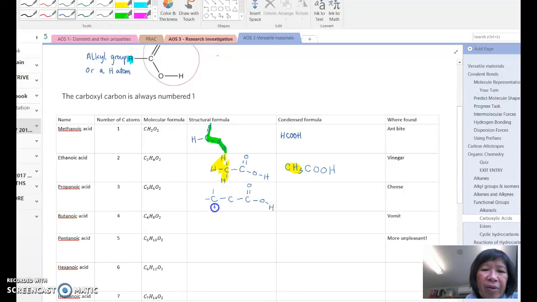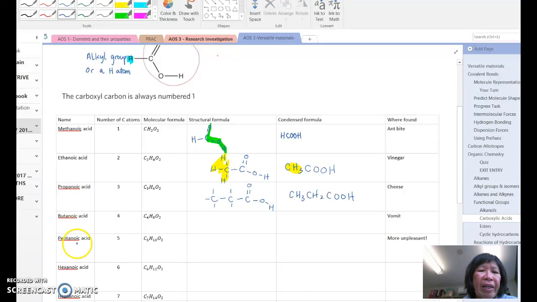So 3 around the end and 2 in the middle. So the condensed formula for propanoic acid is CH3, CH2, COOH. Now for carboxylic acids, the functional group is always at the end of the carbon chain, unlike alkanols, where the functional group can be in the center.